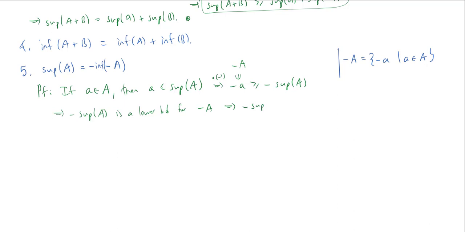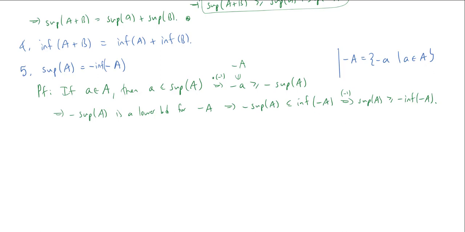So negative the supremum of A is less than or equal to the infimum of negative A. If we multiply by -1, then we get that the supremum of A is at least as big as negative the infimum of negative A. I'm trying to show that the supremum is equal to the negative of the infimum of negative A, and I've shown here that it's greater than or equal to. So now all I have to do is show the reverse inequality.